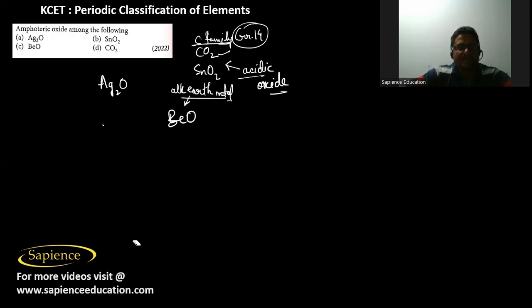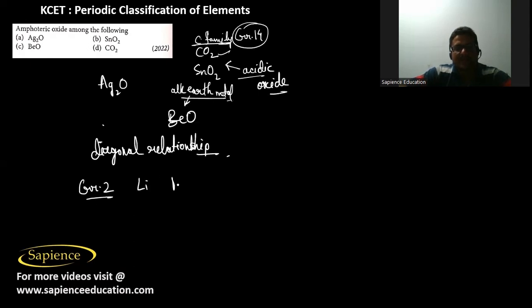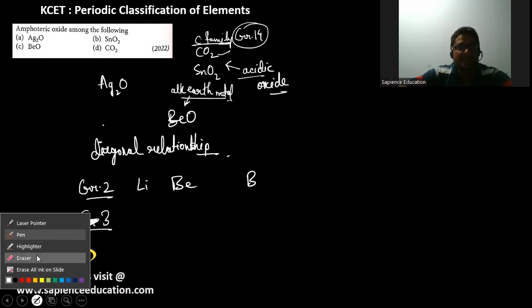So it is an alkaline earth metal, but there is something called the diagonal relationship.